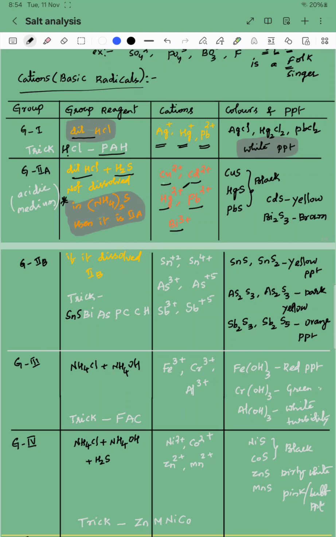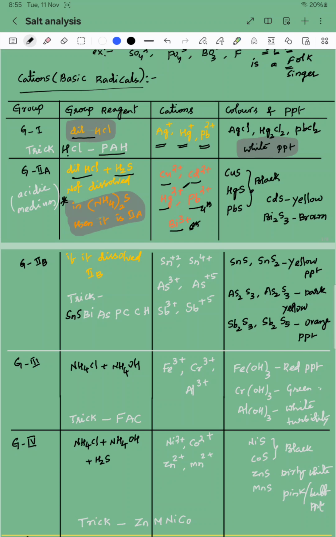Beside copper, cadmium, mercury, you remember lead is the fourth group element and bismuth is the fifth group element. In maximum cases, student, in second A and second B, remember, fourth and fifth group elements are present.